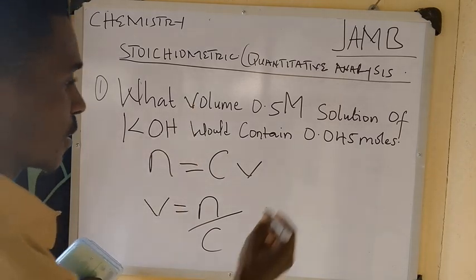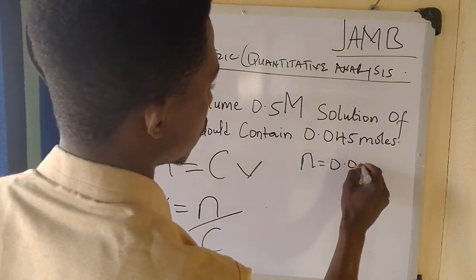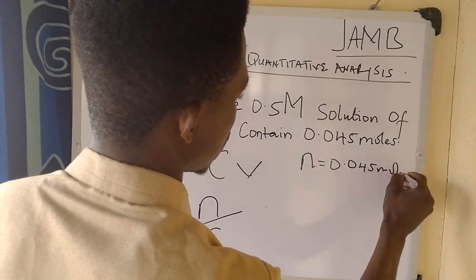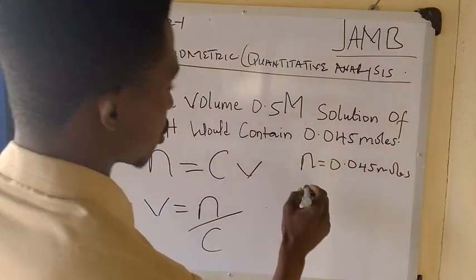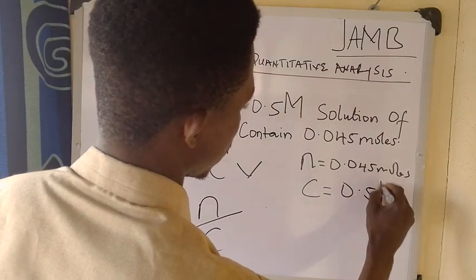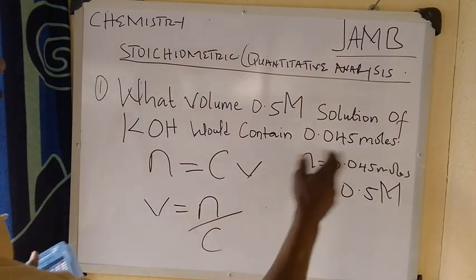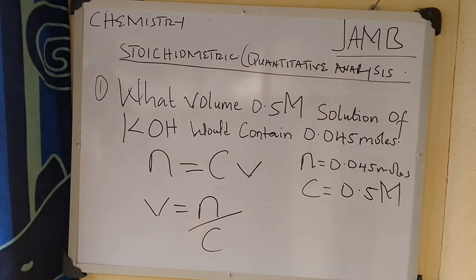Our amount, N, is equal to 0.045 moles. Our concentration, C, is equal to 0.5 molar. That's all. Once you just divide this, you will get your answer.